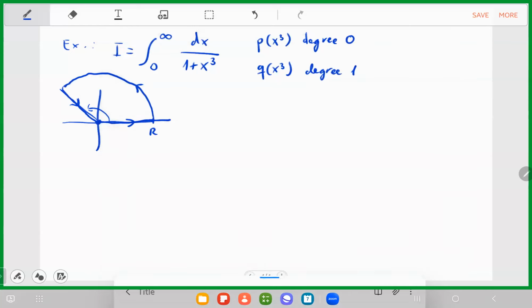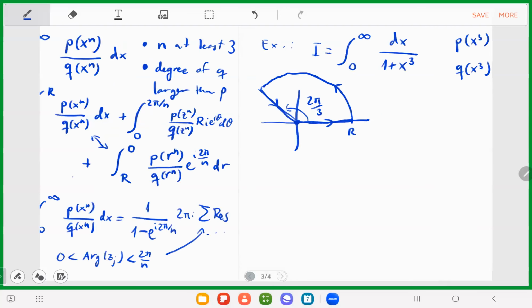Anyway, this angle is 2 pi over 3. And the constant that we need to calculate is, okay, so let's substitute from this one.